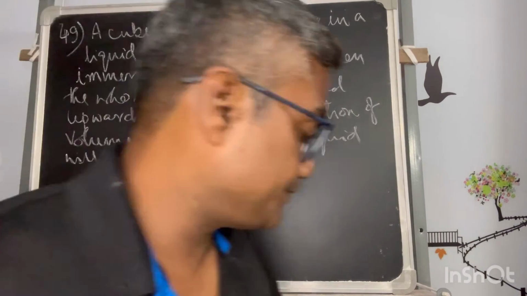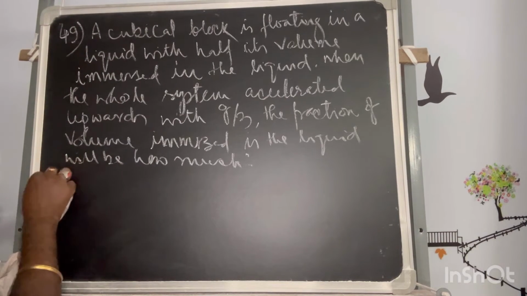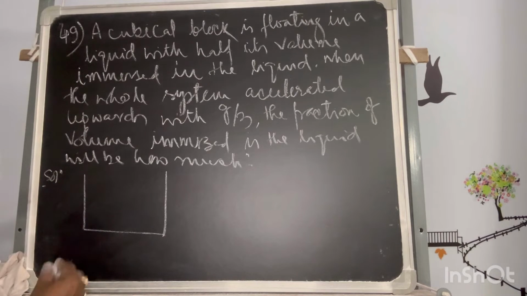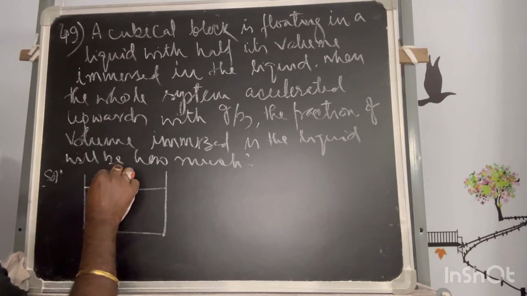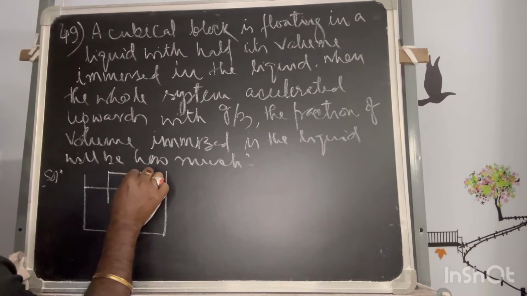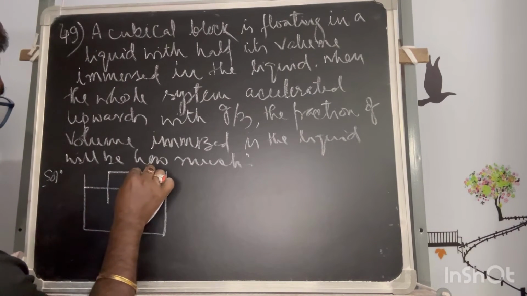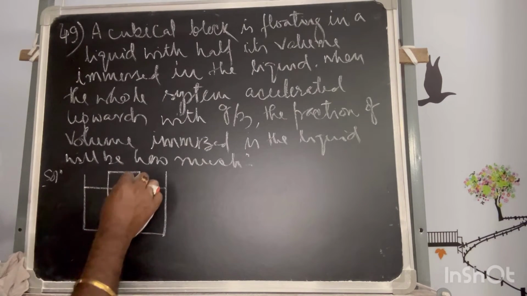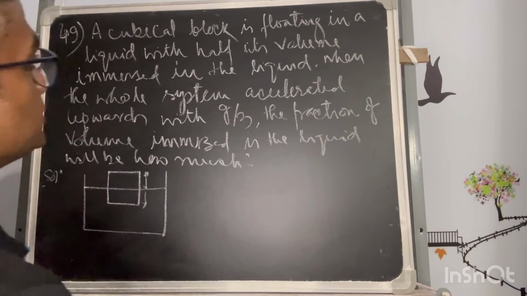Okay, so let me draw the diagram. So there is a cubical object floating in a liquid with half its volume immersed. Since it is a cube, all three dimensions are equal, so in any way you see, it will be half of its dimension, its depth, so the volume fraction will also be the same.